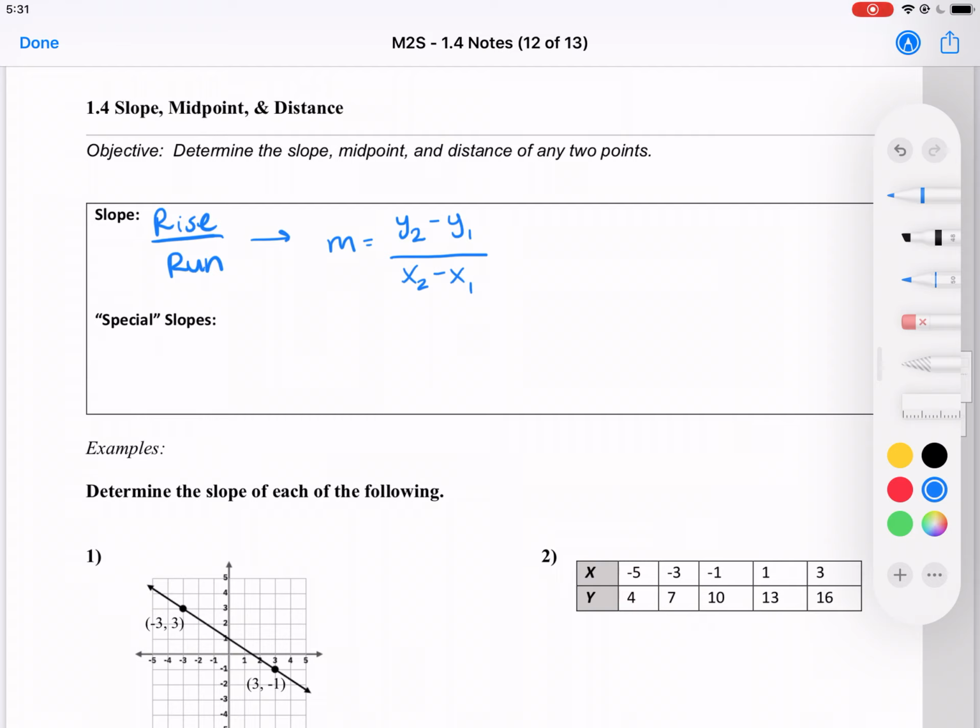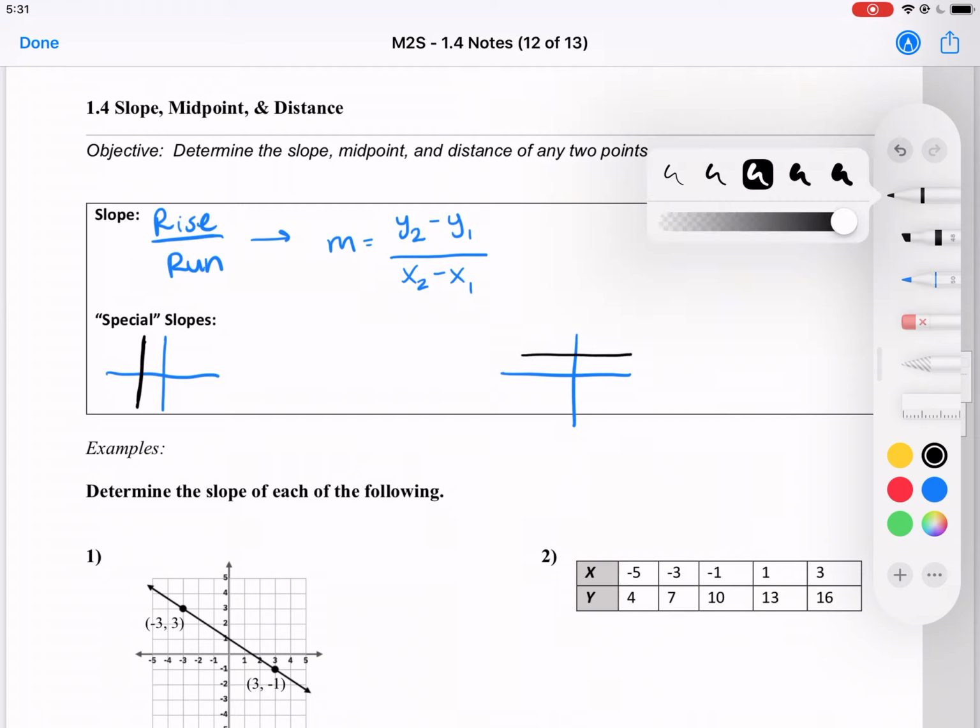There are two special types of slope. They are when you have a line that looks like this on your graph, a vertical line, versus a graph that has a horizontal line. When it's vertical, you're going to have some number, say 7, as an example, 7 over 0 as your slope.